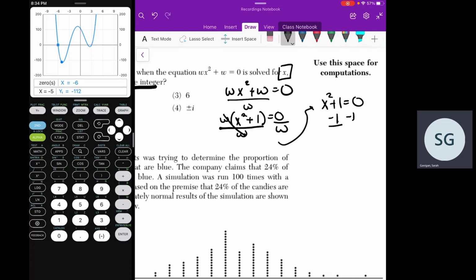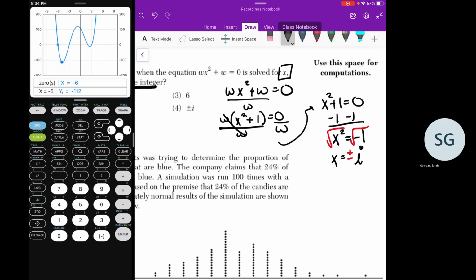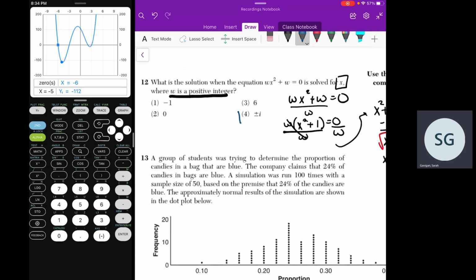Now solving this, I can subtract 1 because it doesn't factor. Now when I square root both sides, the square root of -1 equals i. Since I'm solving an equation, it's plus or minus i, which is your answer.